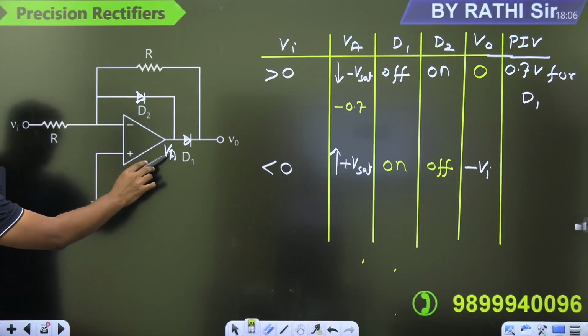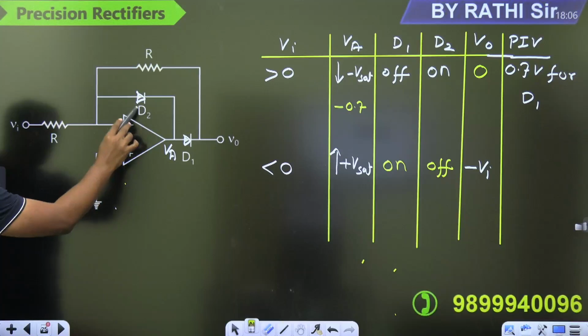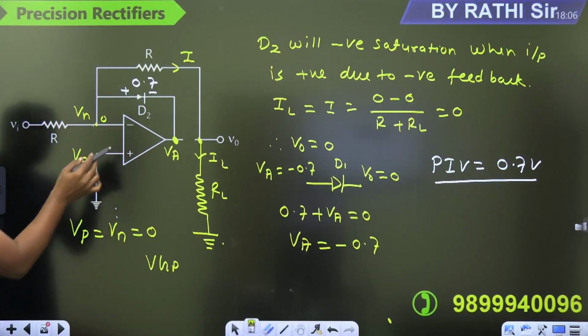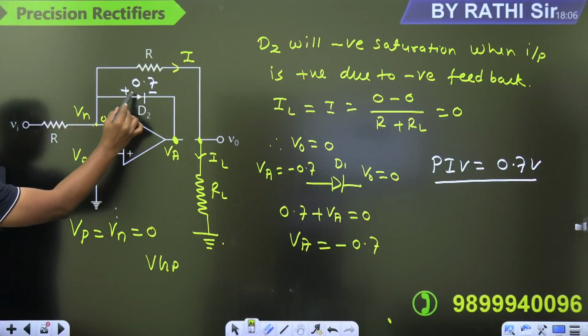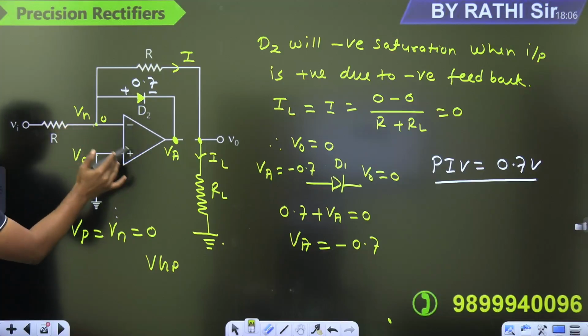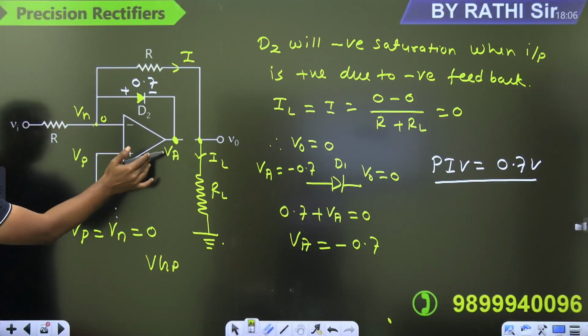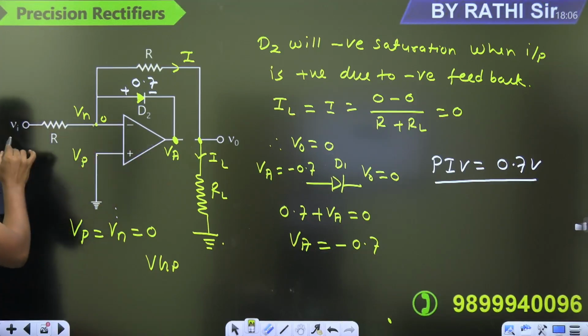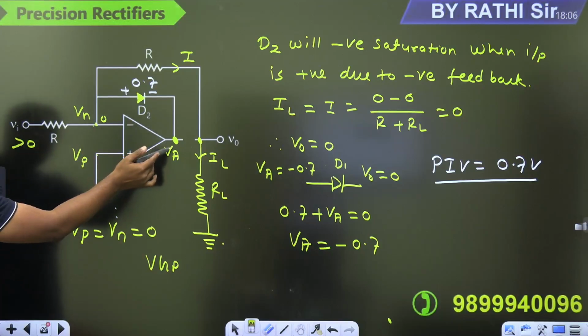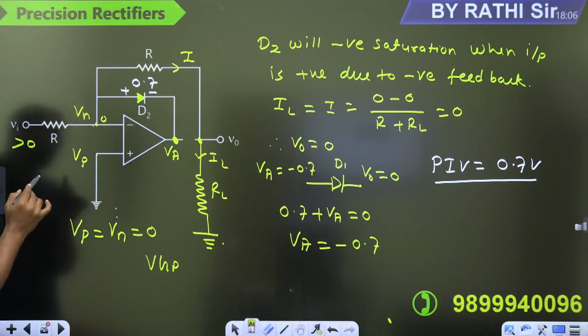Because it is minus, this diode is on, that diode is off. If this diode is on, there is a negative feedback because of this diode. When there is negative feedback, it will avoid negative saturation, which it is moving towards when the input is positive.